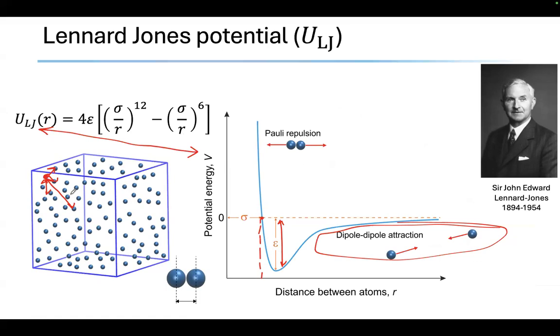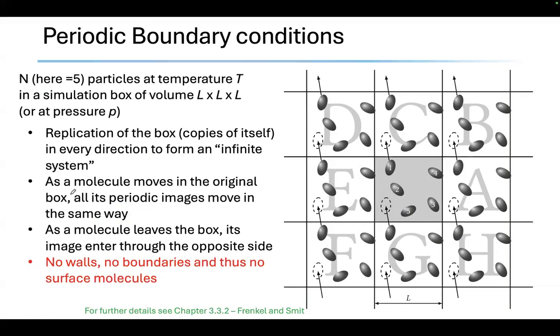So in order to make sure that the molecules actually interact with an infinite number of molecules, because you're simulating a very small part of an infinite number of molecules, you have to replicate the system on a bigger level. To do this, you end up with something called a periodic boundary condition.